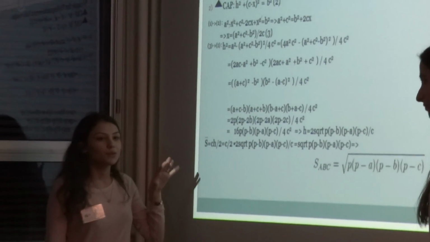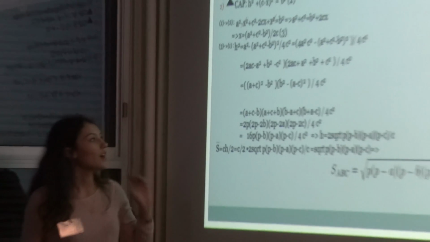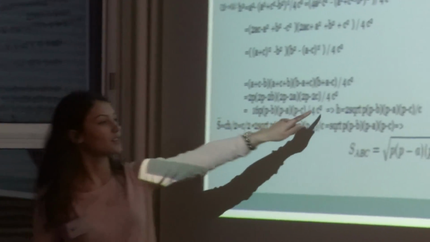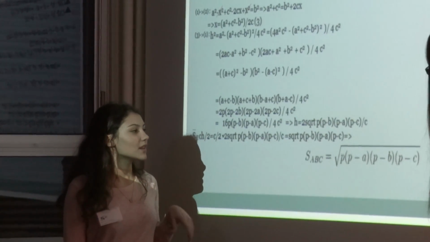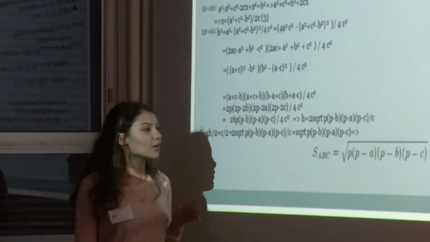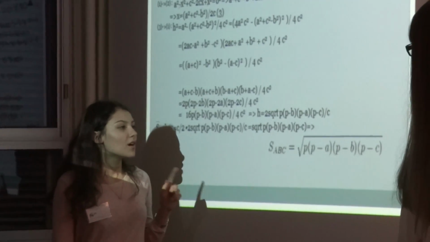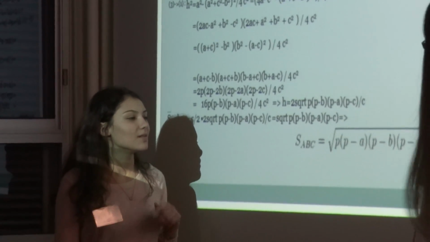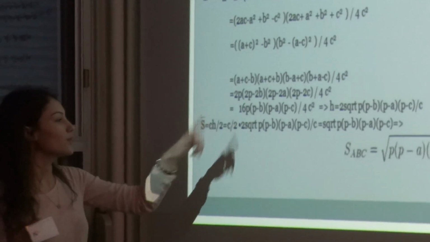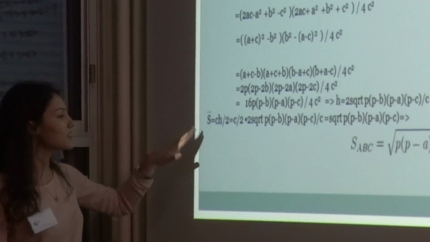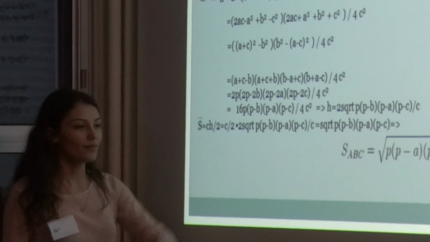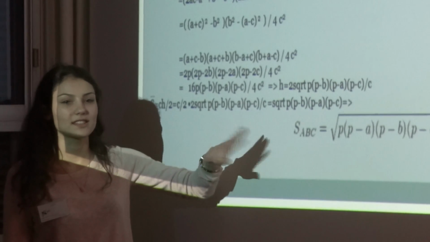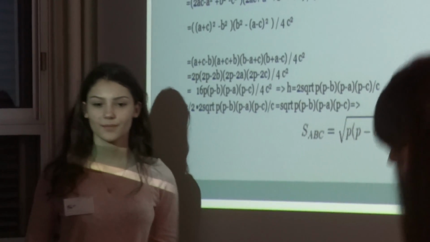We do the difference of squares, and we get this: h is equal to 2 times the square root of p times p minus b times p minus a times p minus c, all divided by c. And when we substitute all this in the classic formula of the area, we get exactly Heron's formula.